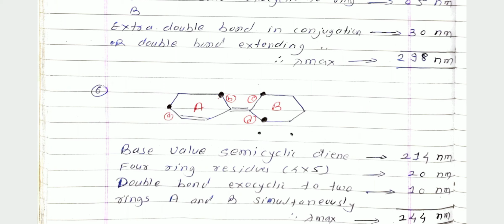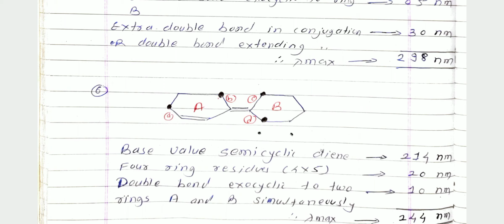Here two rings are present, ring A and ring B. Ring A contains one double bond and another double bond is outside ring A. Therefore this is the example of semicyclic diene. But again you see ring B. Ring B also contains a hexacyclic double bond, and this double bond is simultaneously hexacyclic to ring A and ring B. This is one more addition value in this problem.